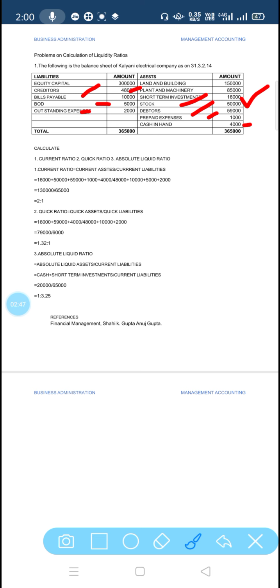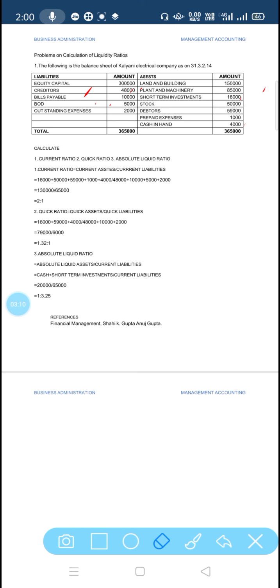So if we take the total of these current assets and current liabilities, first let's take the current assets.